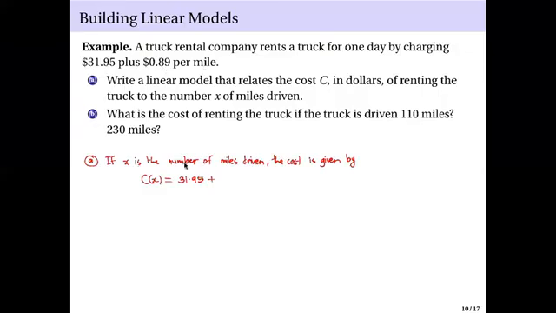So X is the number of miles. So we have here plus 0.89 X. And that's it. That's our letter A.